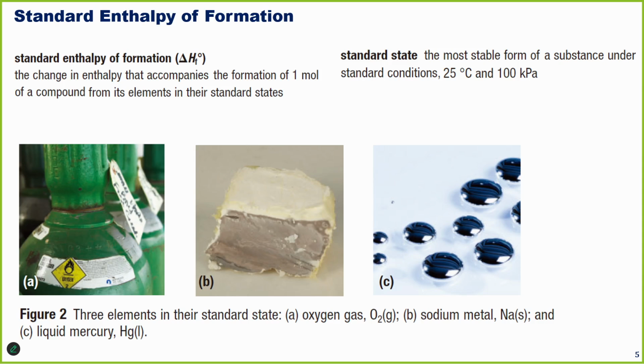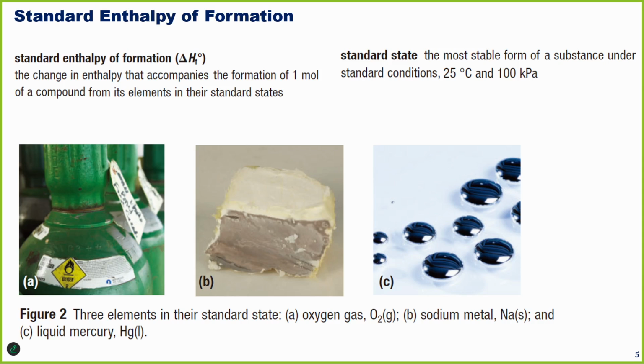The standard state of bromine and mercury is the liquid state. The standard state for a substance in solution is at a concentration of 1 mole per liter. The degree sign on the symbol, delta H_f degrees, indicates that the process takes place under standard conditions.